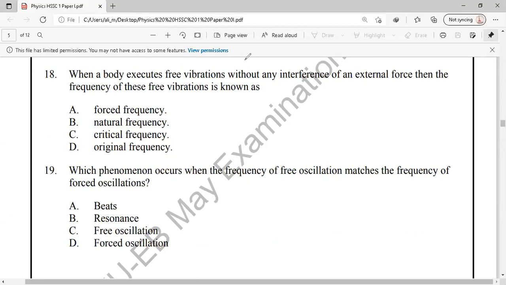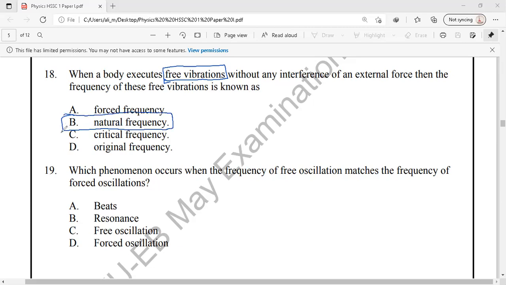When our body executes free vibrations, free vibrations are those that are caused without any external influence or the application of external force, then the frequency of these free vibrations is equal to the natural frequency of that body.